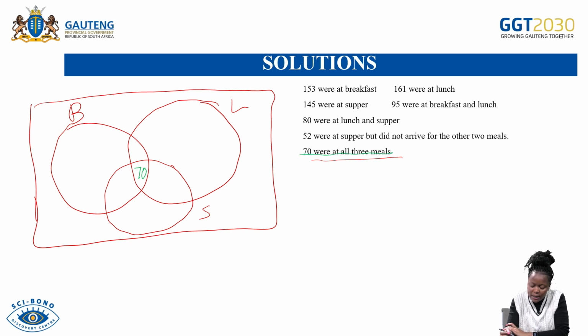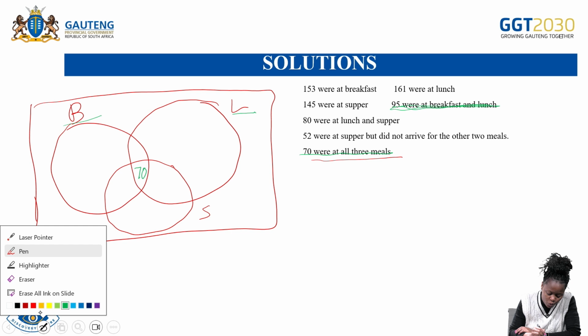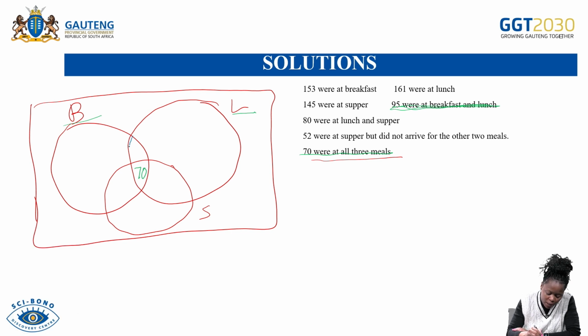Then we move to another piece of information. Remember I said you must always start with your intersection. So now I have another piece of information that says 95 were at breakfast and the lunch. So we are looking at the intersection of the breakfast and the lunch, this whole intersection.